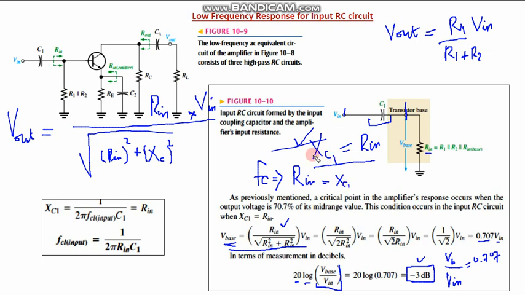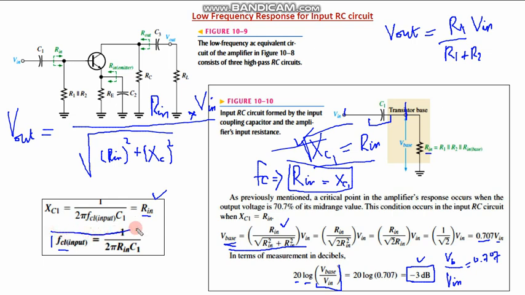So now if I take this equation, XC1, and put the value of XC1, which is 1 by 2 pi fc, equal to Rin, I can instantly take out the value of the critical frequency fc.